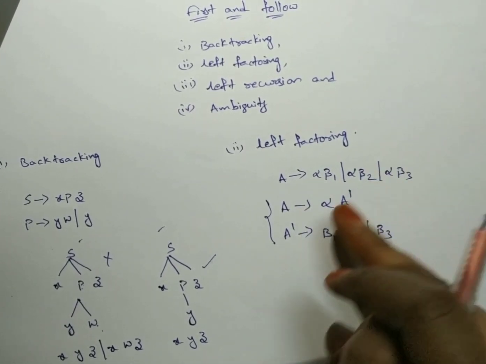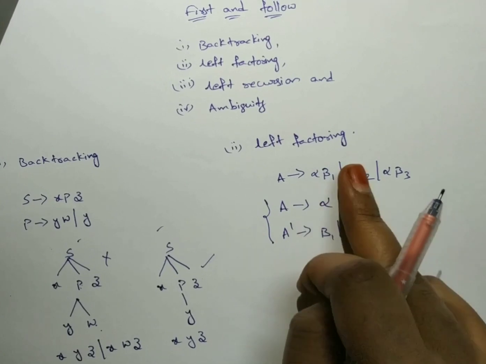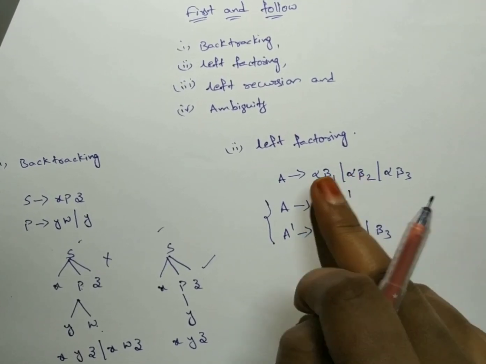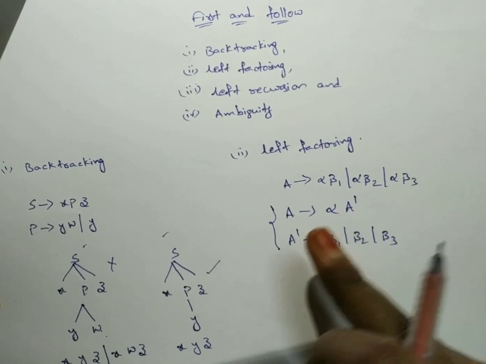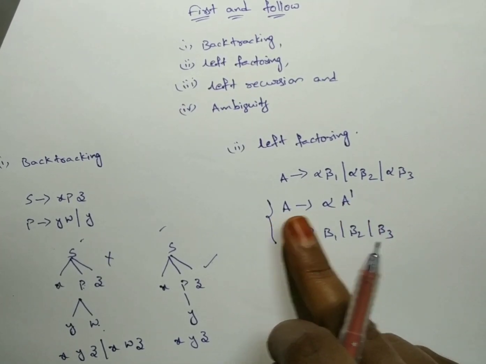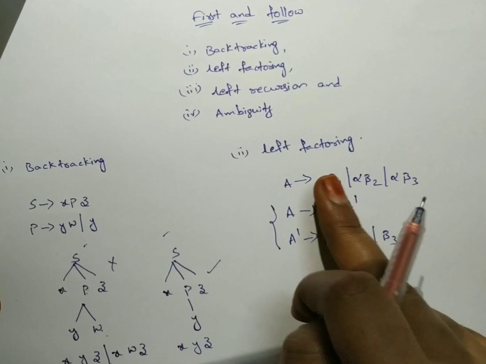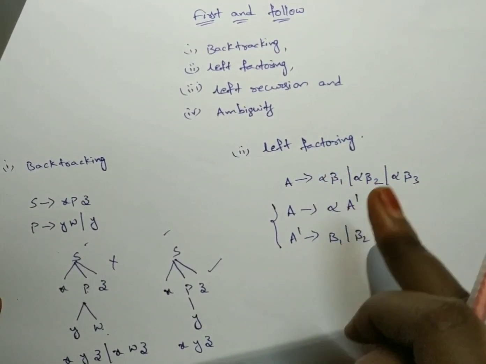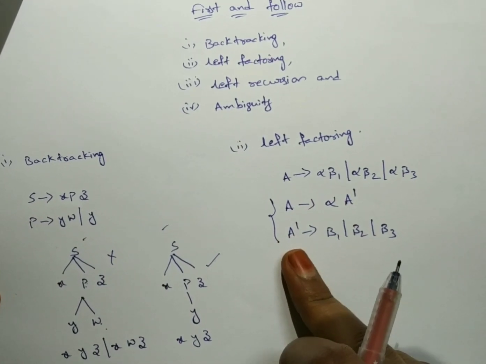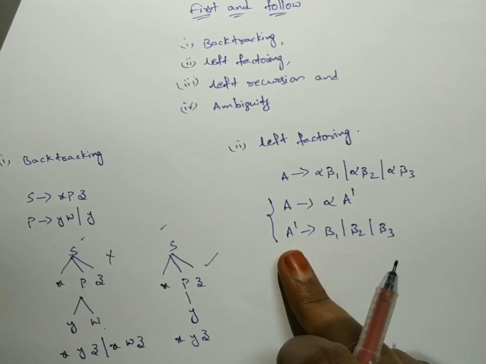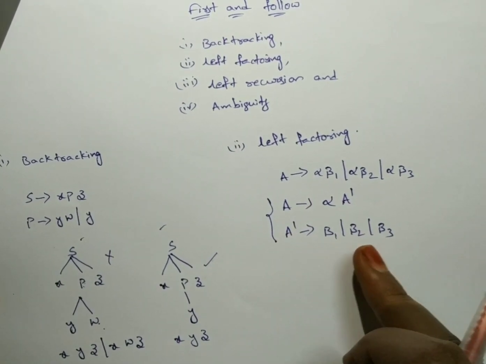As we have only alpha, we have avoided the left factoring condition, and in the given grammar we have beta 1, beta 2, beta 3 also. I have considered alpha as common and treated beta 1, beta 2, beta 3 as A dash, and I have represented A dash as beta 1, beta 2, beta 3.